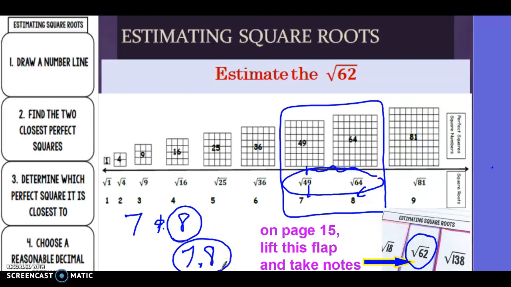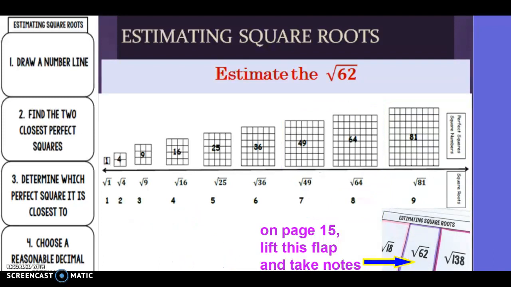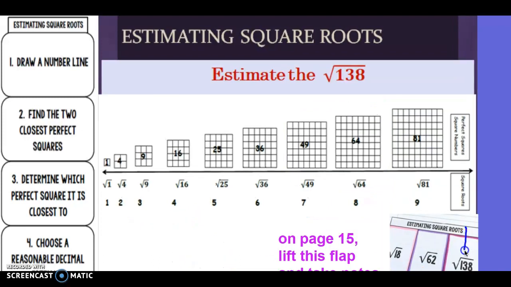There's one more example on that orange flap. Let's do that one quickly. So right here, we're going to look at the square root of 138. Now, my little number line here isn't going up that large. So you need to use your perfect square knowledge to think about which 2 perfect squares it will fall in between. So you draw your number line.